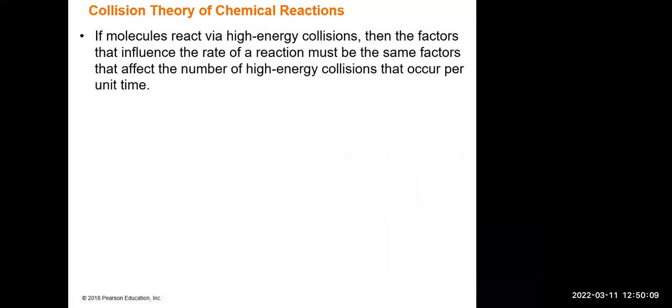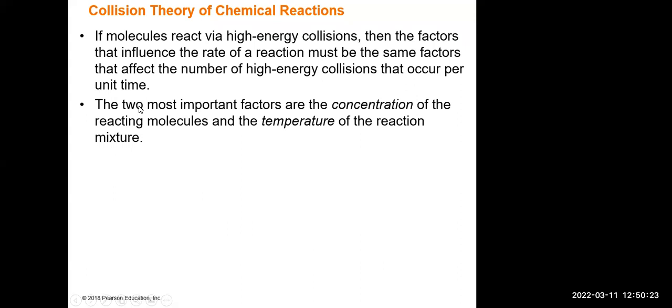If molecules react through high energy collisions, then the factors that influence the rate of reaction must be the same factors that influence the number of high energy collisions that occur per unit of time. So the two most important factors are the concentration of the reactant molecules and the temperature of the reaction mixture.